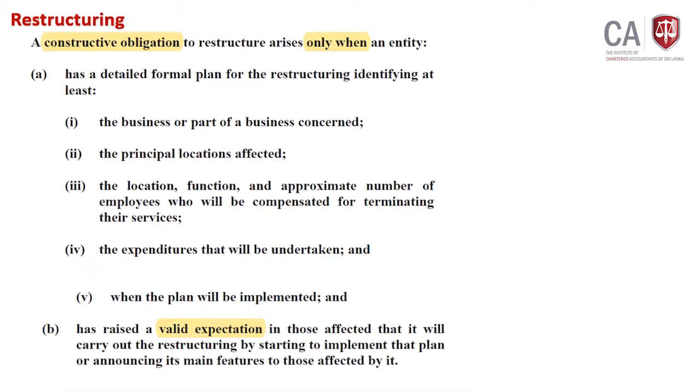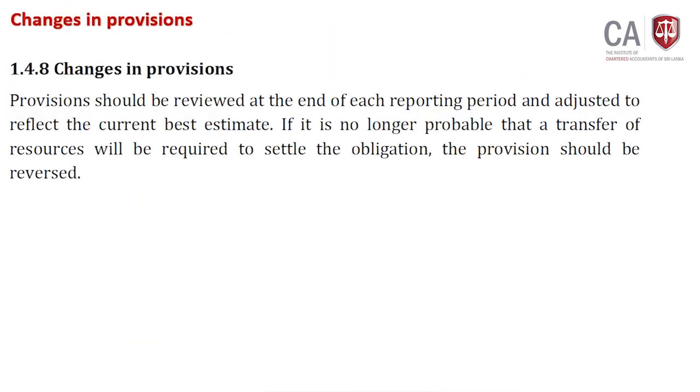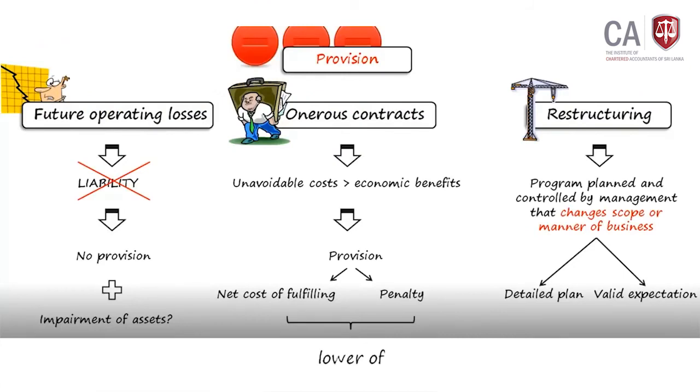Standard says to recognize provisions, look at this slide again. To recognize a provision for restructuring, there should be a program plan. There should be a plan for restructuring. Highlight this.